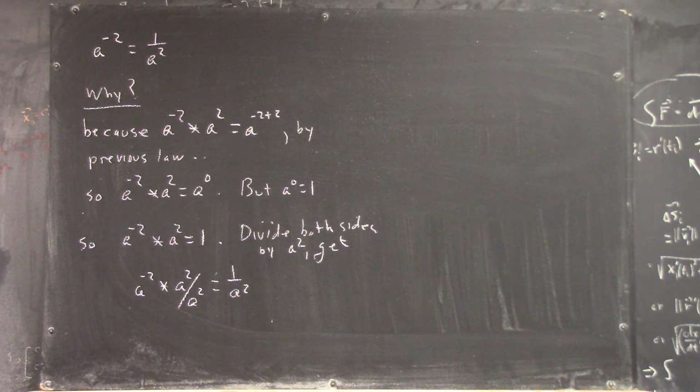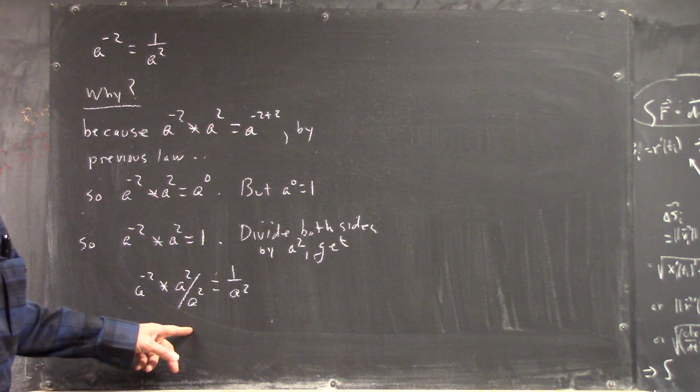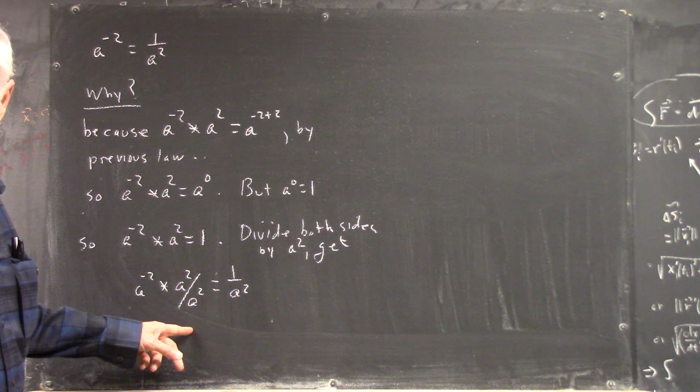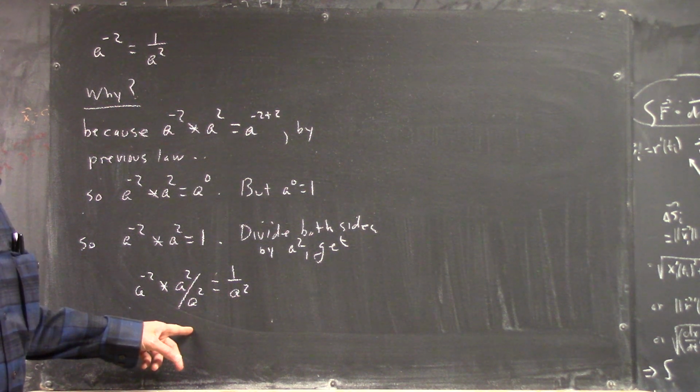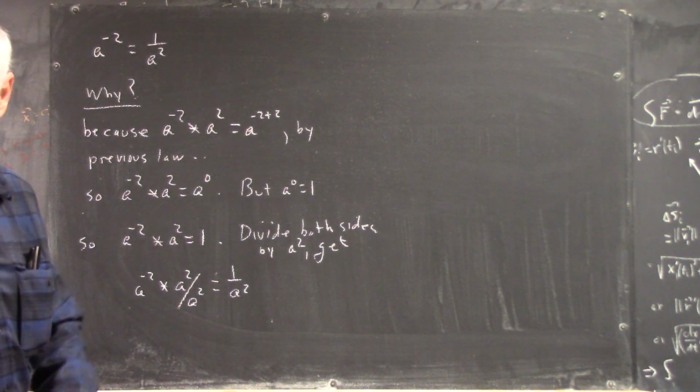And what's a squared over a squared? We divide a number by itself, what do you get? How many a squareds are there in a squared? 1. Right?